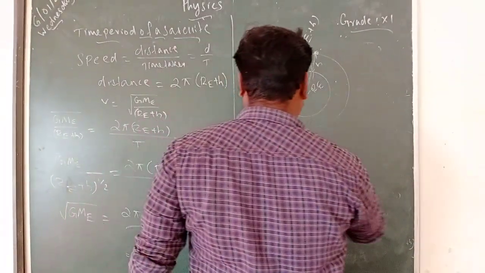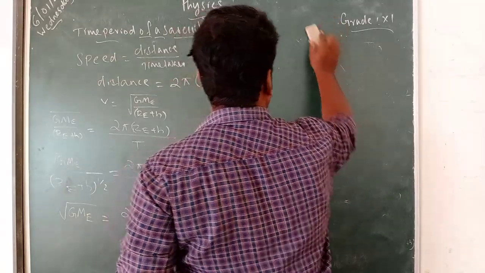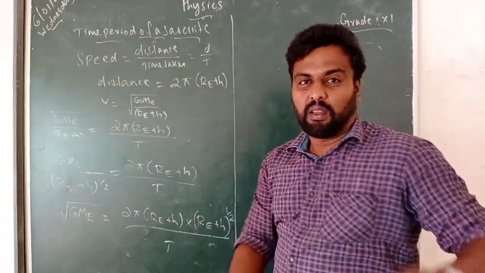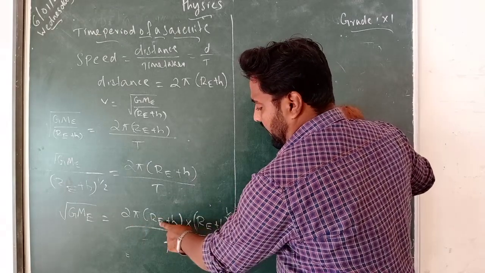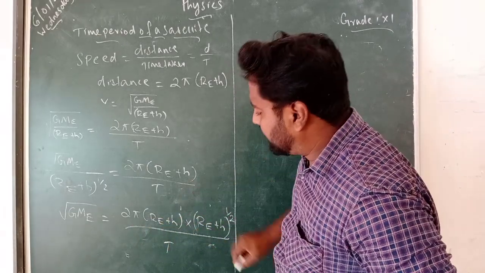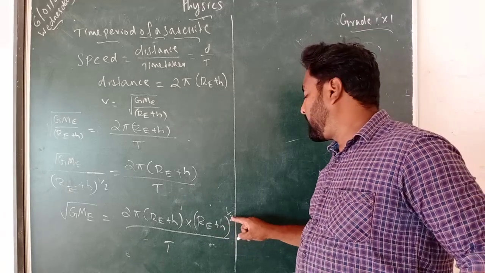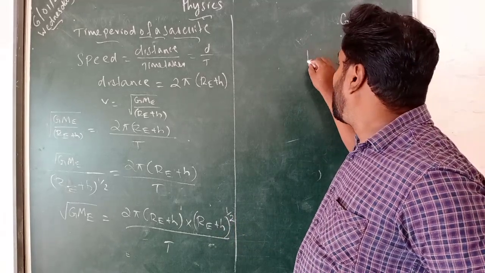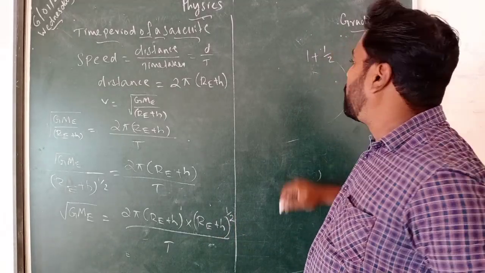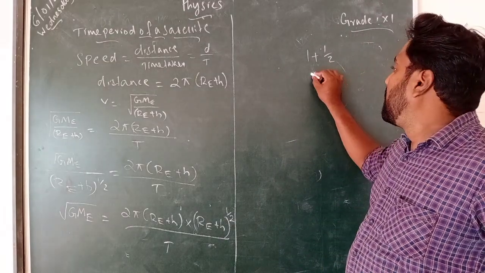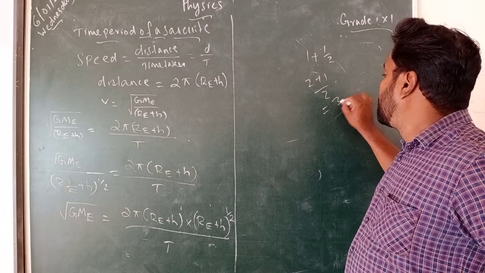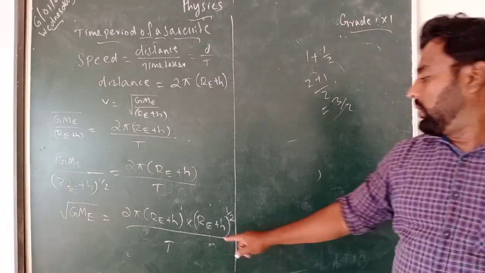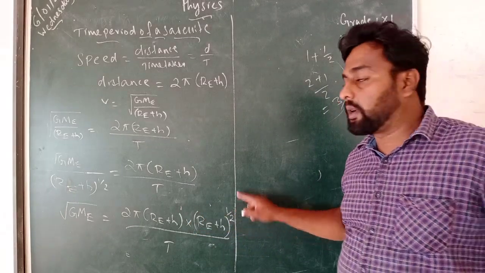Now let's see here. R E plus H power 1 is there. Here R E plus H power 1 by 2 is there. So 1 plus 1 by 2, what will come? LCM is 2, so 2 plus 1 by 2, that is 3 by 2. So this power becomes 3 by 2.